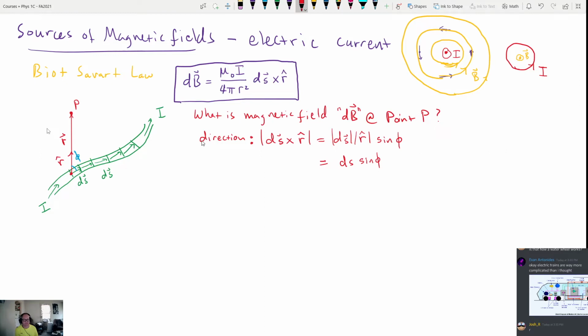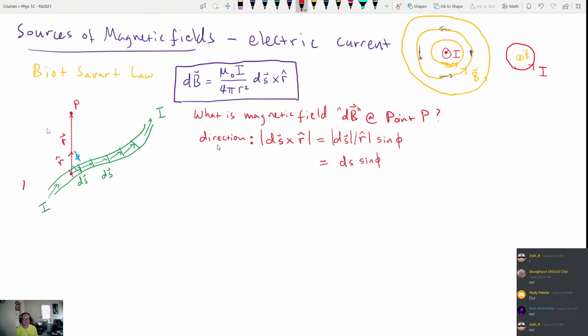You just need to take the vector from ds to r hat. So start from ds with your right hand, and then rotate your fingers to r hat. What direction does your thumb point? Point the fingers of your right hand in the direction of ds, rotate to r hat, and your thumb should point out. Take a moment and verify that for yourself. A lot of people say out, so a few people have figured it out. ds is this way, rotate to r hat, your thumb goes this way.